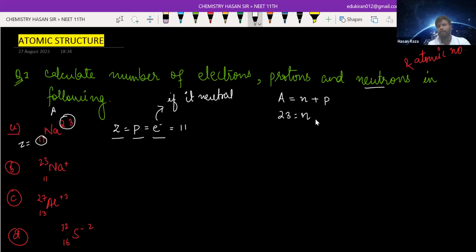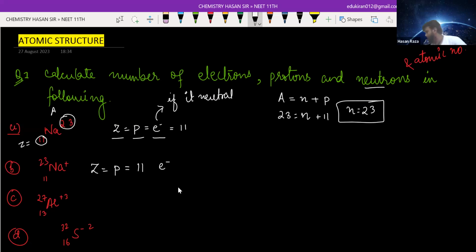And we need to calculate neutron. What is the number of protons, or atomic number, you can take? That is 11. For this, I'm going to write Z is equal to P, which will be equal to 11. But here the electron, as I told you, will be equal to atomic number or proton only in case of neutral. And since plus is there, that means it lost one electron.